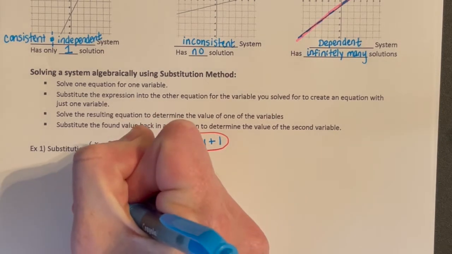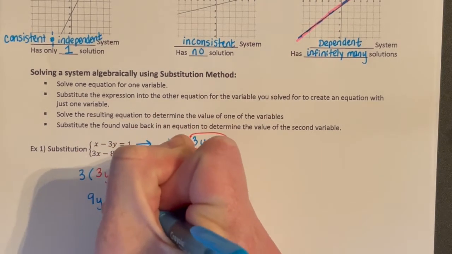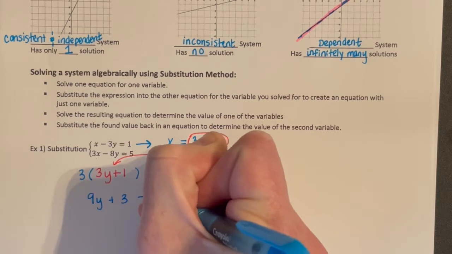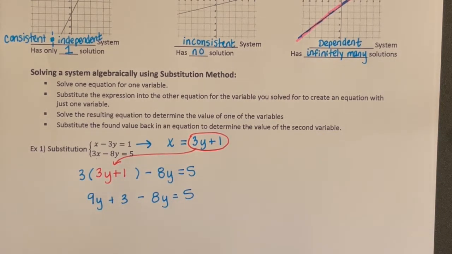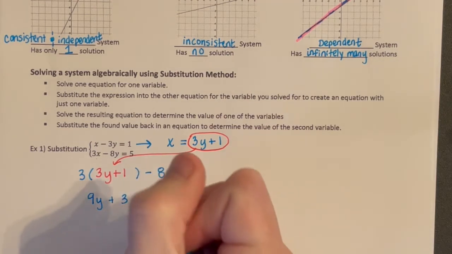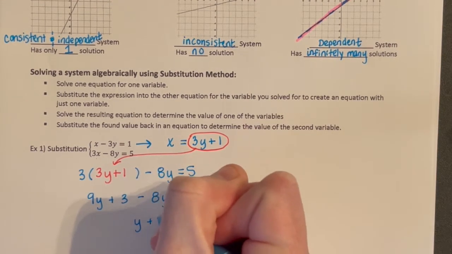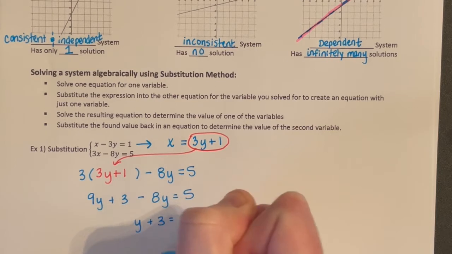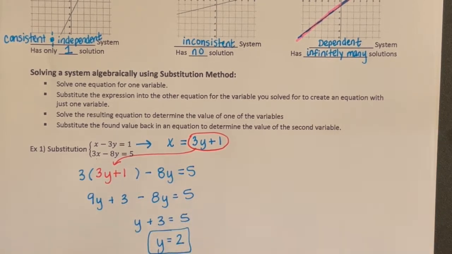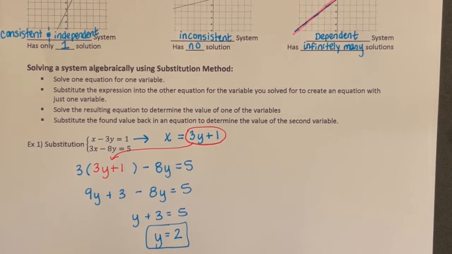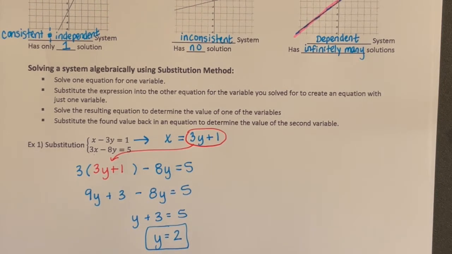If I distribute, I get 9y plus 3 minus 8y equals 5. Solving that, we can combine like terms to get 1y plus 3 equal to 5, which means if I subtract 3, y equals 2.